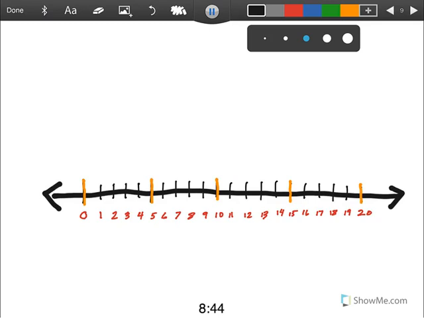Let's say my next problem is 10 plus 6. My numbers are bigger. And this is where a number line is better than drawing dots, because now I don't have to draw all these dots. That's a lot of dots to draw, 10 dots and then 6. I can just look at my number line and work from there. So my first number is going to start at 10.